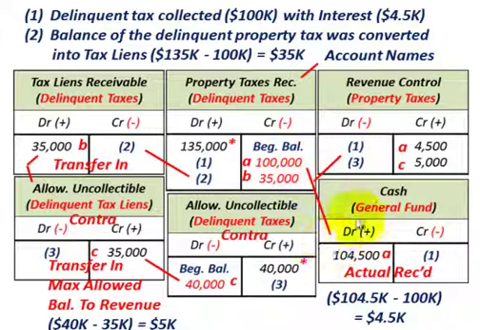Then what we actually collect in cash, looking at it in the general fund, is cash going into our general fund, so we would debit that for $104,500. That included the $100,000 collected plus $4,500 of interest collected with it. So we've got our debit in our cash account for $104,500.